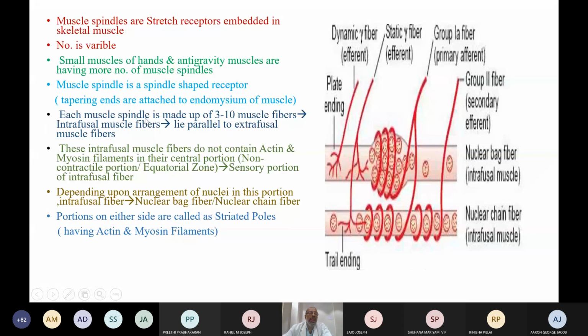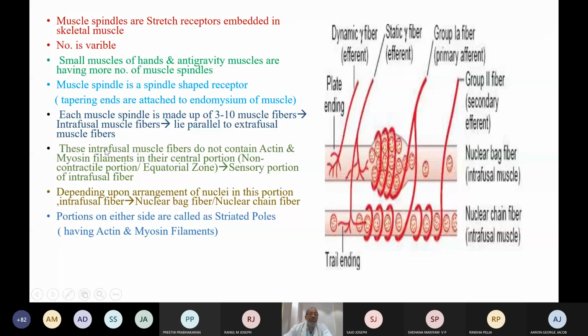Each muscle spindle is made up of 3 to 10 muscle fibers. There are intrafusal and extrafusal muscle fibers. The intrafusal muscle fibers, 3 to 10 in number, lie parallel to the extrafusal muscle fibers.